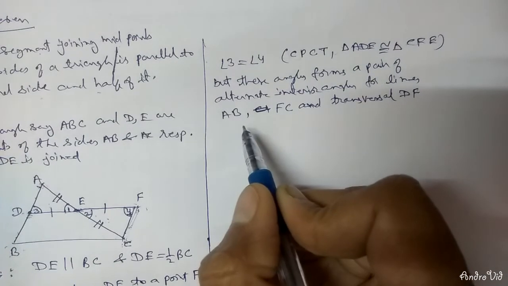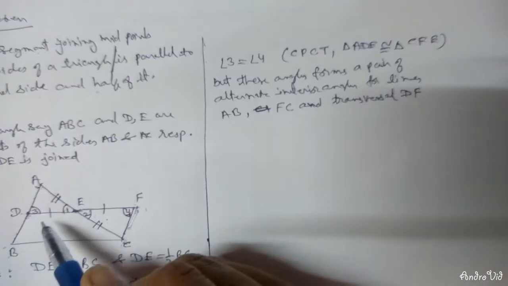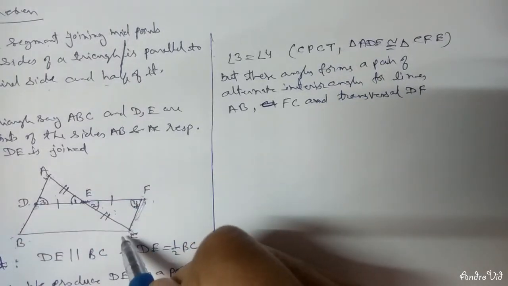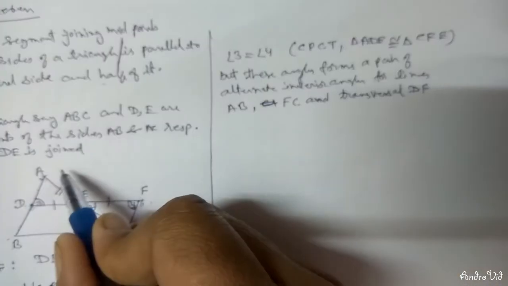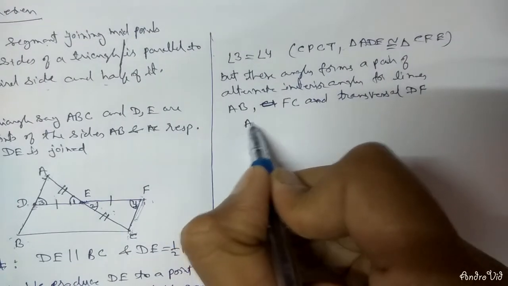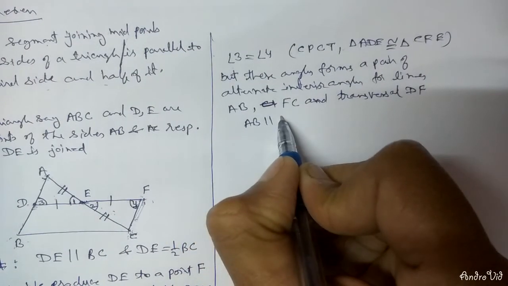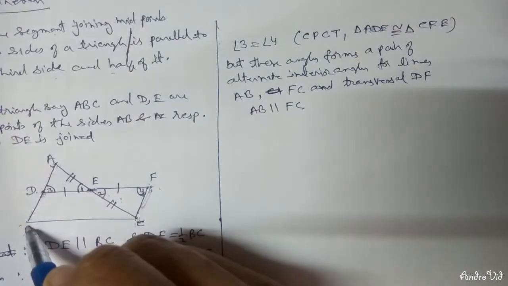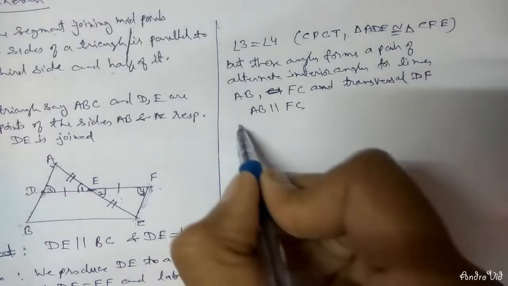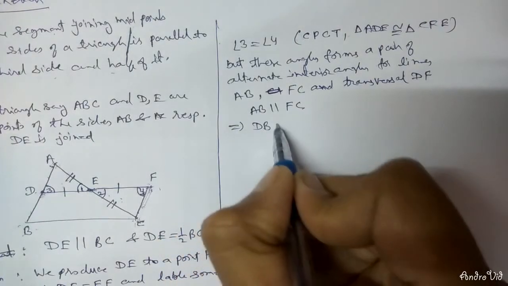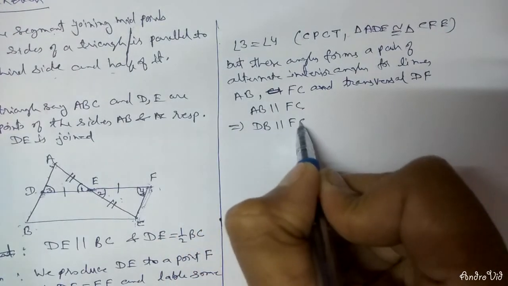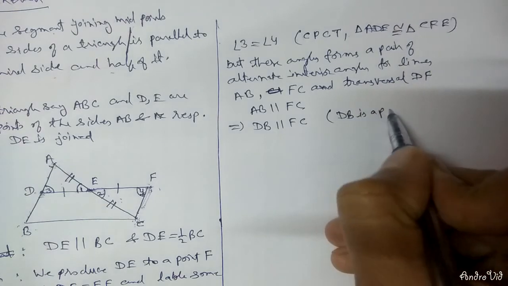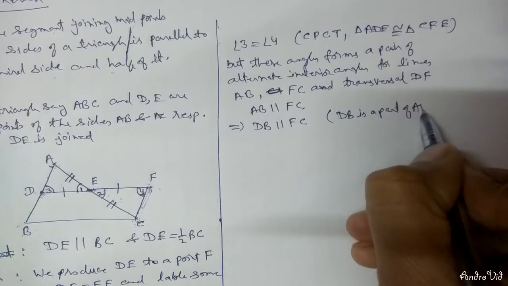And we know whenever alternate interior angles are equal, then lines must be parallel. So AB is parallel to FC. Now because DB is a part of AB, so DB must be parallel to FC. Gives that DB is parallel to FC because DB is a part of AB.